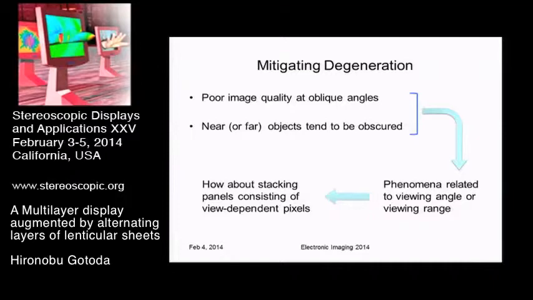It also happens that objects too near or too far tend to be obscured. These two phenomena are somewhat related to viewing angle or viewing range. So I started to consider stacking panels consisting of view-dependent pixels, rather than normal view-independent pixels like LCD panels.